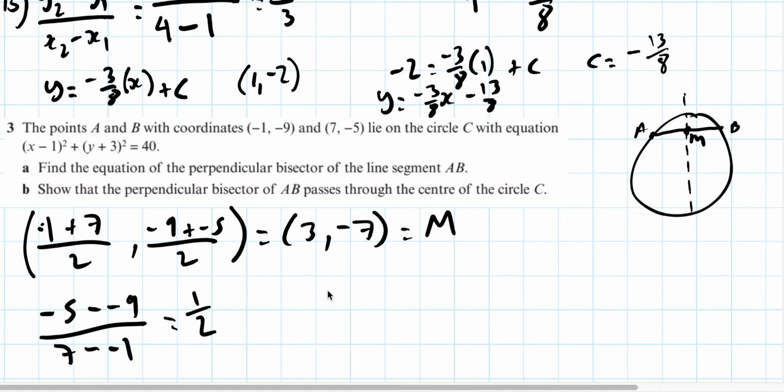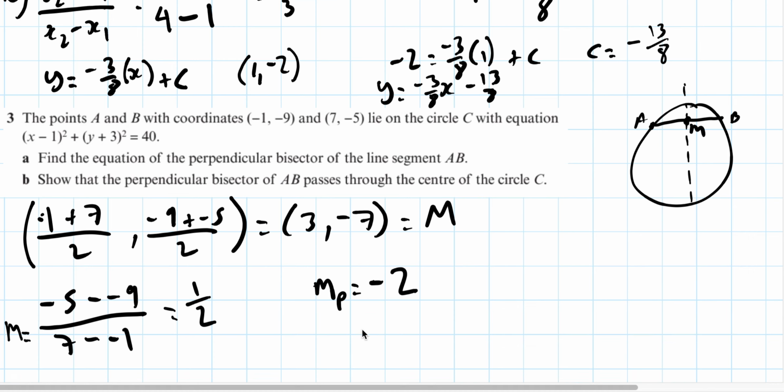So the gradient of the perpendicular bisector is going to be minus 2.